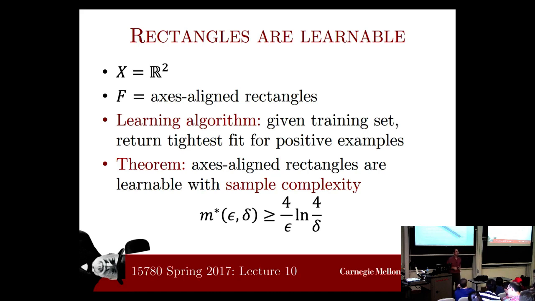Michiel? Do we have a condition on the distribution that there has to be a perfect rectangle that perfectly separates? Yes. Part of saying our target function is in the class basically means there is a rectangle that perfectly separates the positive from the negative examples in the real world.